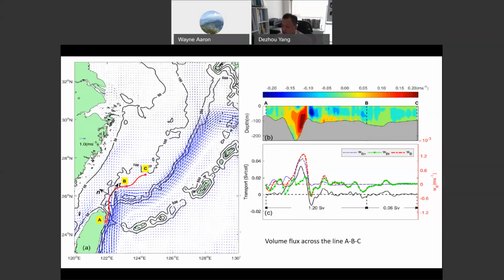We calculate the cross-shelf onshore transport across this transect. We can find near the bottom, in this area, there is very strong onshore transport of the water volume across this transect to this area.